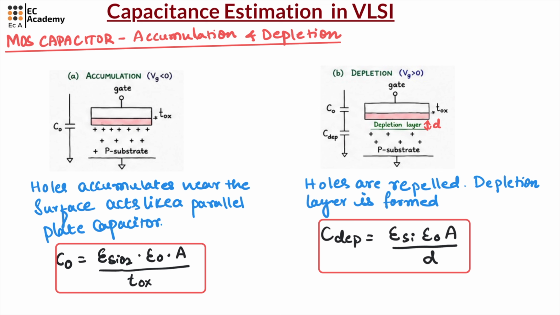As you can see here, in depletion mode, the oxide layer and depletion layer are one after the other. That means C naught and C depletion are in series.